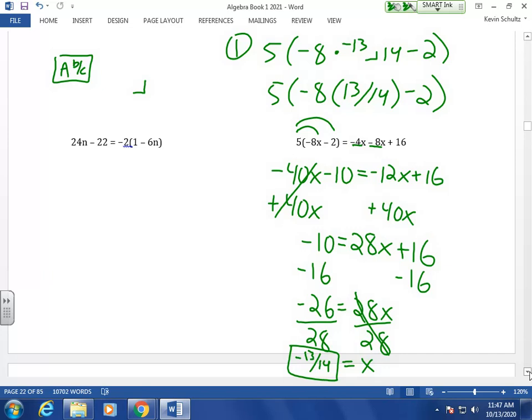So the ABC button: press negative 13, and then the ABC, and then 14. And that's the fraction negative 13/14. And then on the right side, you would do the same thing. Negative 4 times 13 ABC 14 minus 8 times 13 ABC 14 plus 16. And those 2 values should match.